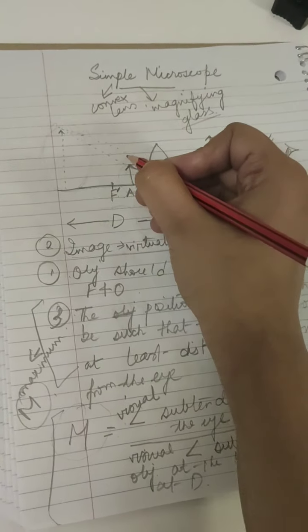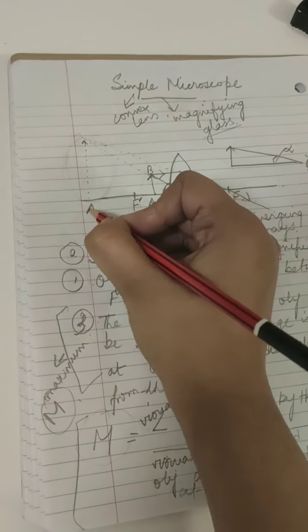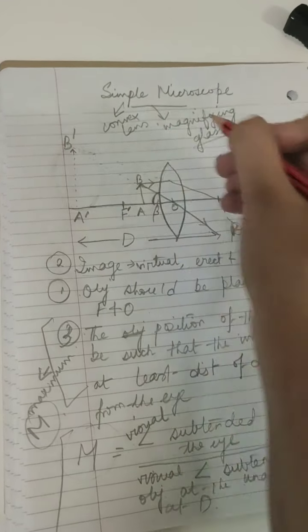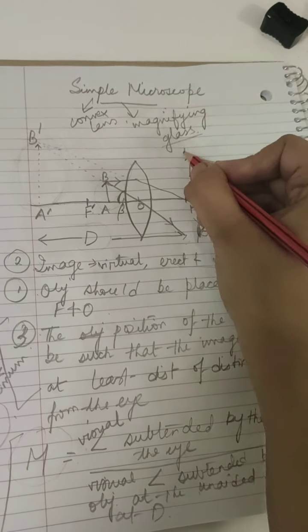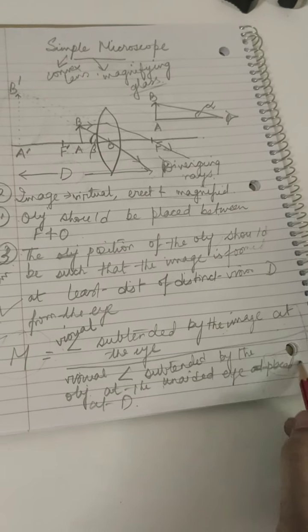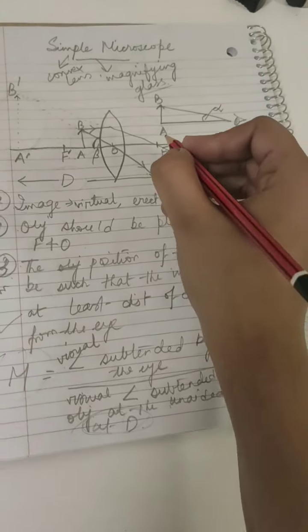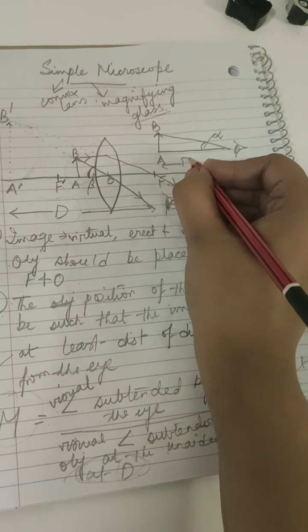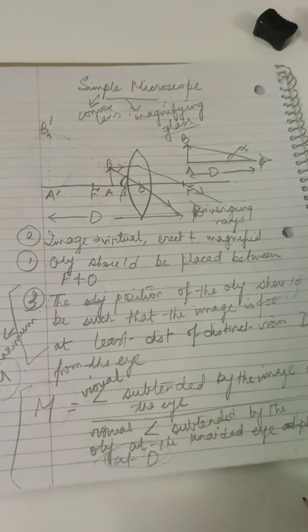Suppose I'm taking the object AB and the image A prime B prime. The visual angle subtended by the object at the unaided eye placed at D. The object should be placed at D from the eye.